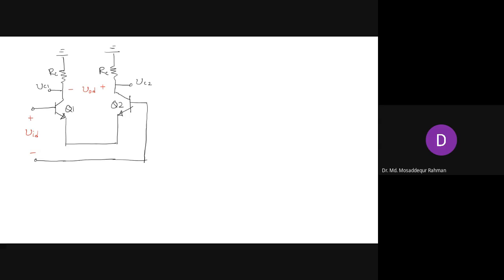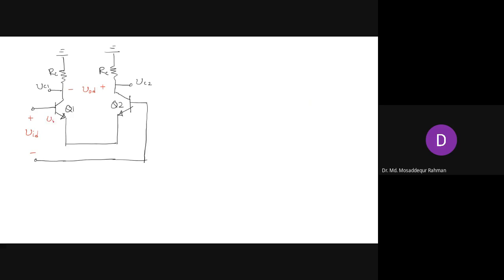Now VID, the differential input voltage, is applied between the two bases of these two transistors. This will divide equally between the two transistors.